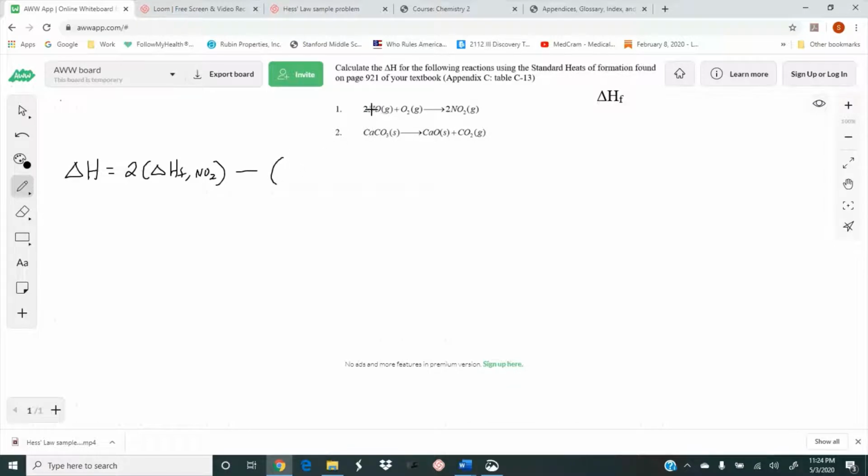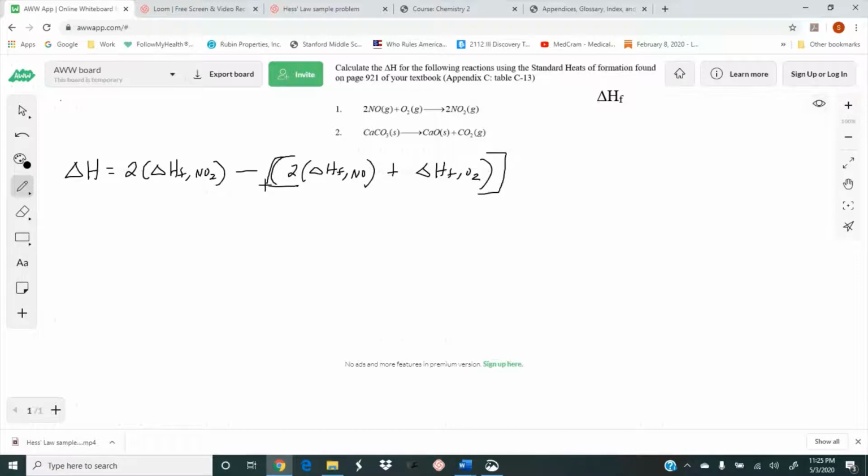The coefficient for the first reactant, NO, is 2, so it's going to be minus 2 times the heat of formation of NO, plus the heat of formation of O2. The coefficient for O2 is just 1, so it's just the heat of formation of O2. These are things we can look up in our table.